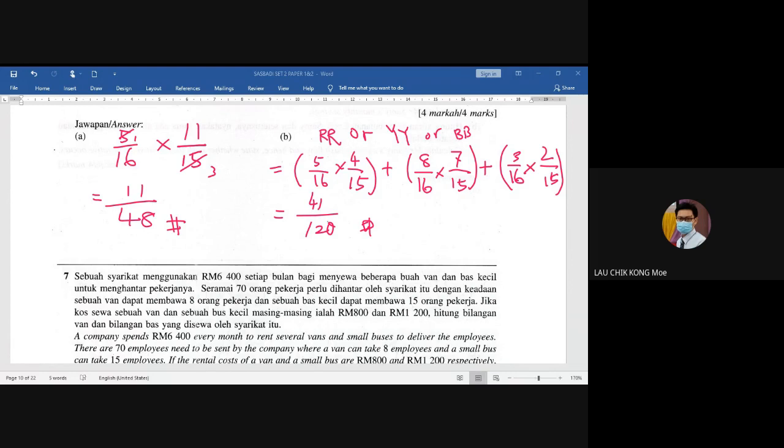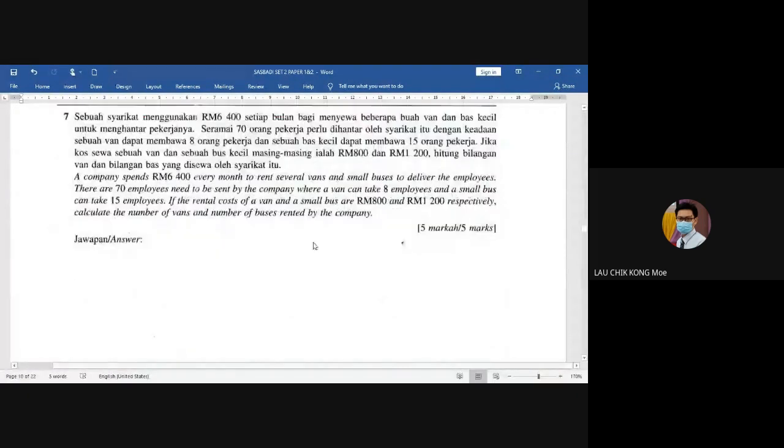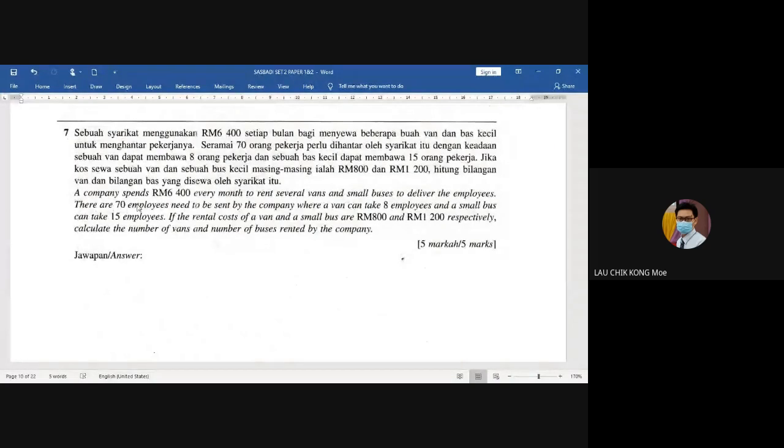Okay, thank you. Okay, question number 7. A company spends 6,400 ringgit every month to rent several vans and small buses to deliver the employees. There are 70 employees need to be sent by the company, where a van can take 8 employees and a small bus can take 15 employees, altogether 70.